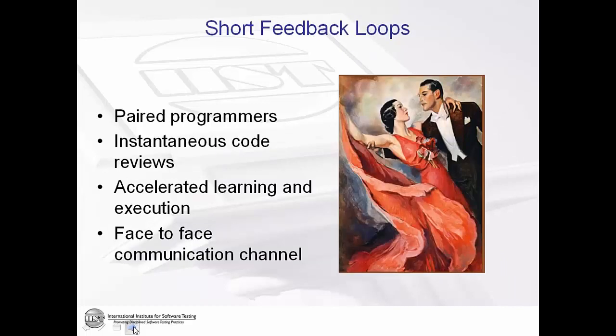The other lesson learned on secret sauce is short feedback loops. And so from a standpoint of preventing defects, if you have the shortest possible distance between 2 points on your development, QA, and your business analyst or end user, you're going to have the fastest communication possible and accelerated learning and execution.